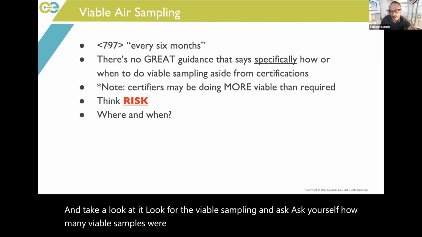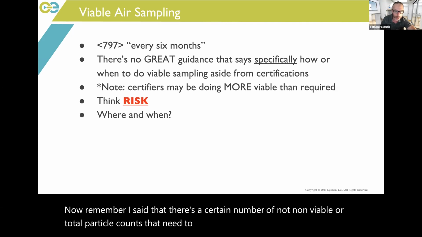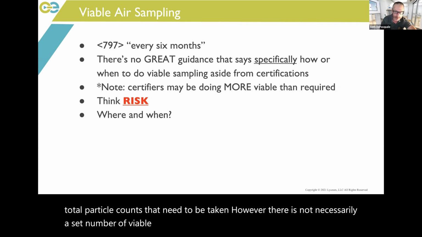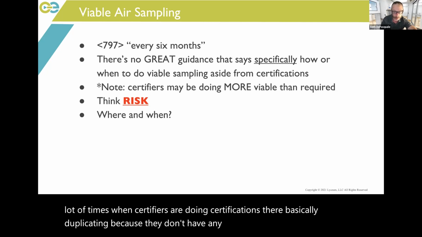Now, remember, I said that there's a certain number of non-viable or total particle counts that need to be taken. However, there is not necessarily a set number of viable samples that need to be taken. So what happens a lot of times when certifiers are doing certifications is they're basically duplicating, because they don't have any other direction to do anything otherwise.